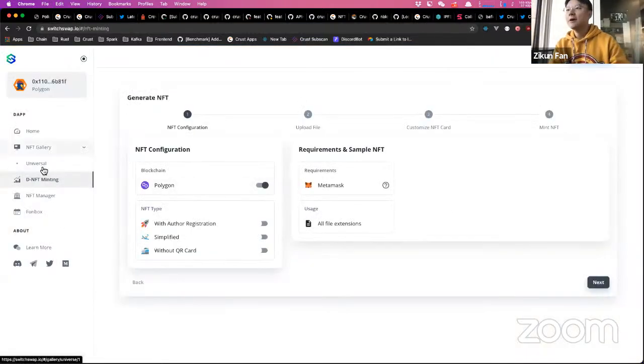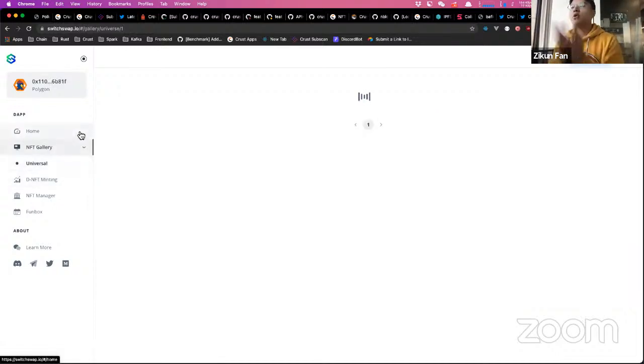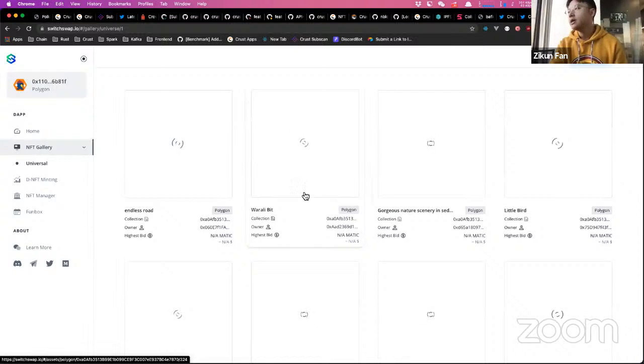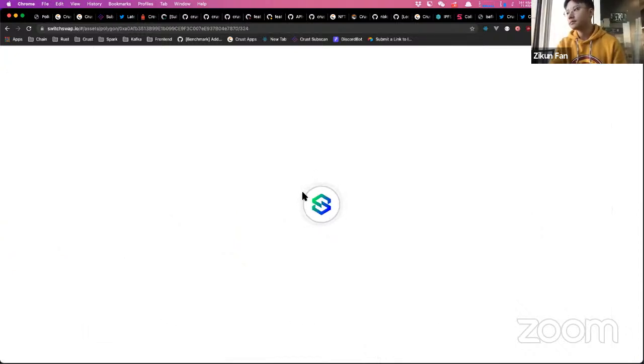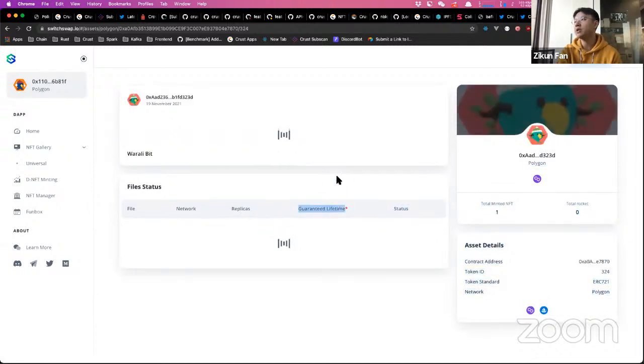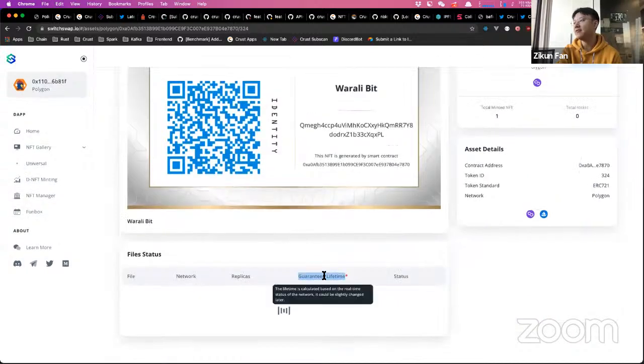Okay, so this product, SwitchSwap, has integrated this function on the Crust chain. There is a feature called guaranteed lifetime.